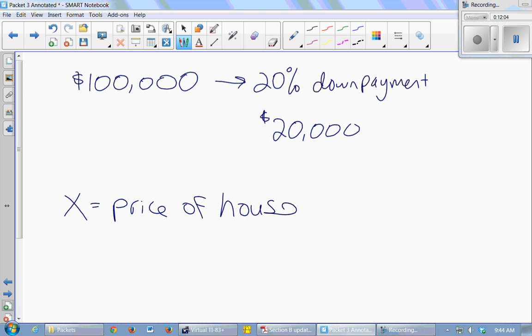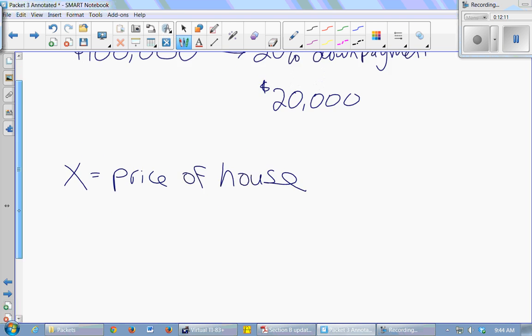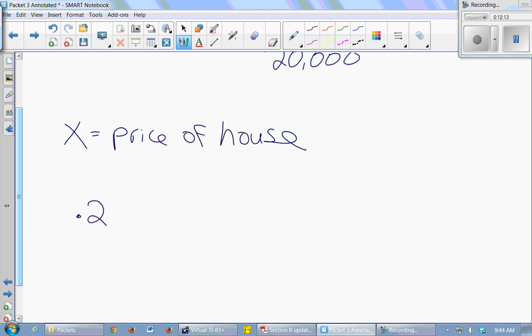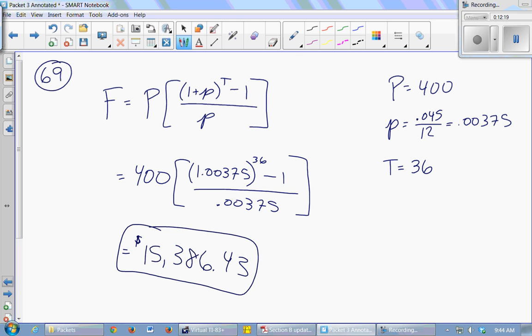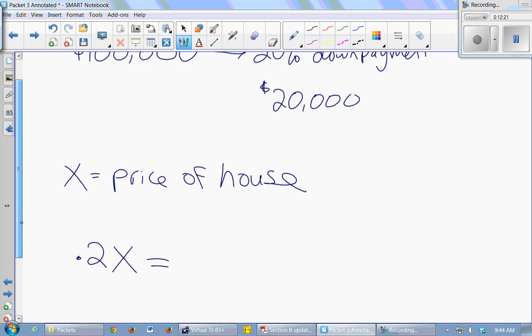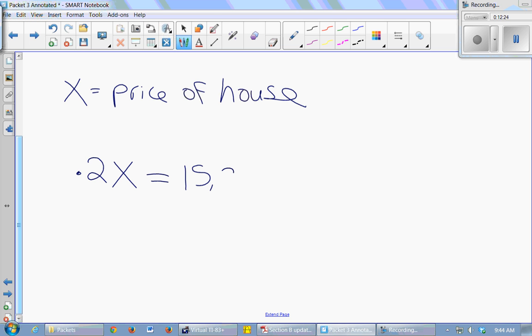right? And we want to make sure that 20% of X is no more than what she has in the bank. So we're going to say, well, 0.2 times X, 20% of X, has to be equal to the amount she has in the bank, which was 15,386.43. And how do you finish solving this equation?